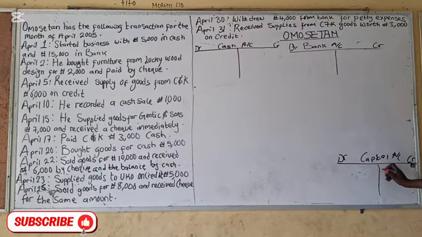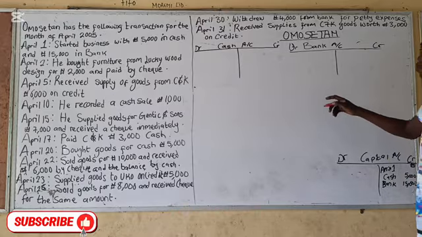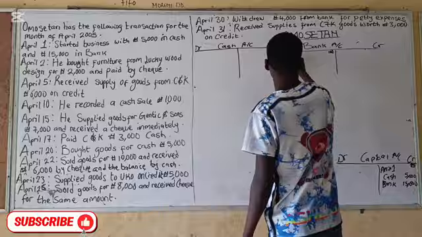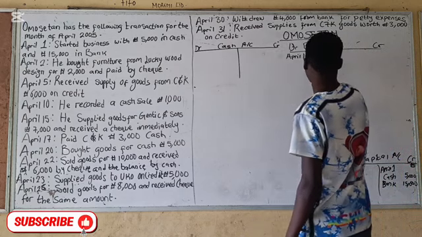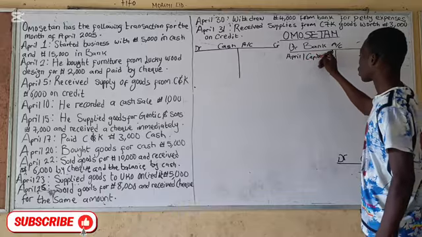So your capital will be April 1st. So you have April 1st, cash, which is 5,000 naira, and bank, which is 15,000 naira. So you now move to your bank account. You have April 1st, which will now be capital, the other account, capital.